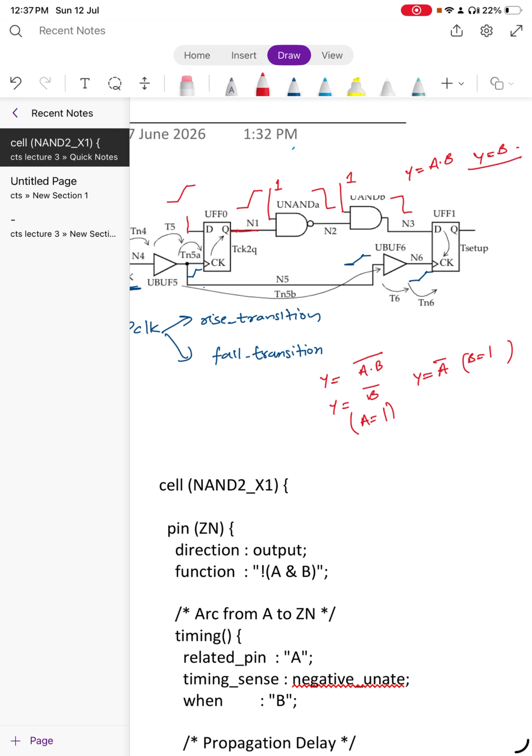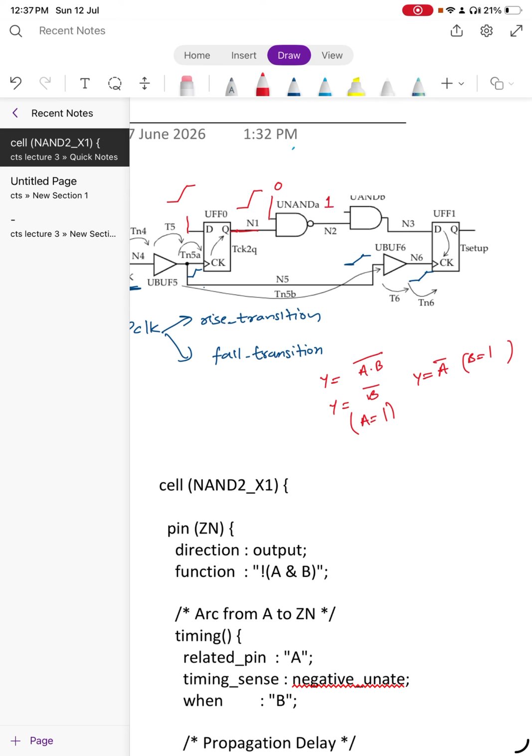Now a question can come that why did I consider 1 over here, not 0? So let's try to do that also. So instead of considering 1, let's consider 0 over here. Now, if we consider 0 over here, the output of this NAND gate is 1.